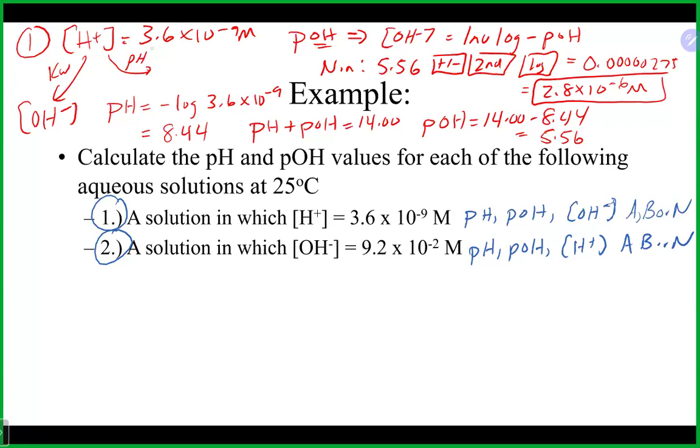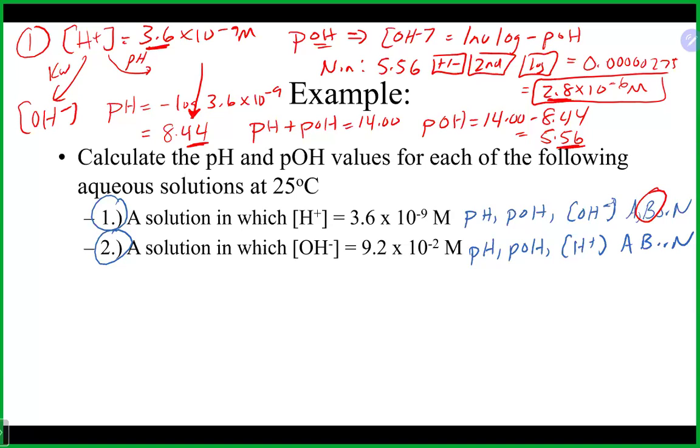We had 2 sig figs here: 2 decimal places, 2 sig figs. And the last thing we're looking at in this case is: is it acidic, basic, or neutral? So once again, looking at the pH value, that is 8.44, which means this is going to be basic in this case. Any questions on any of those there?